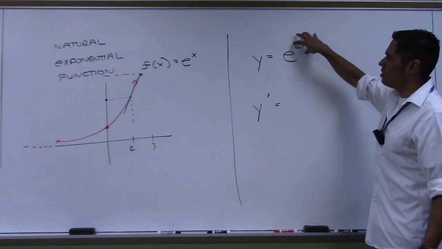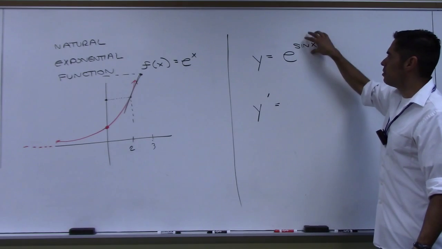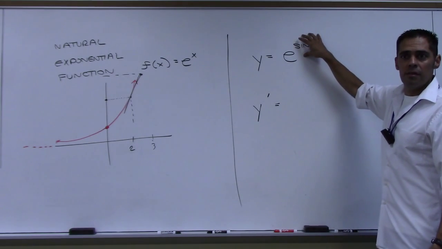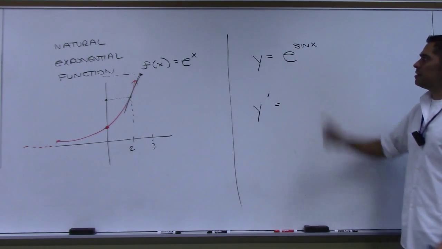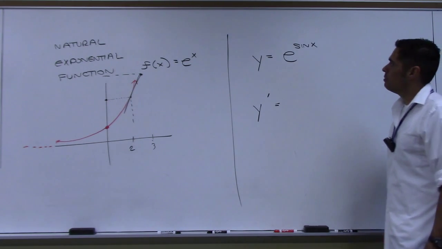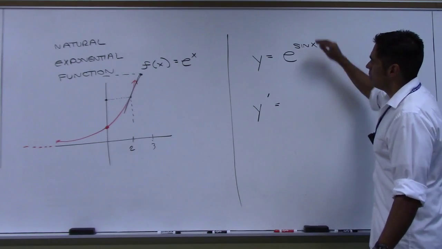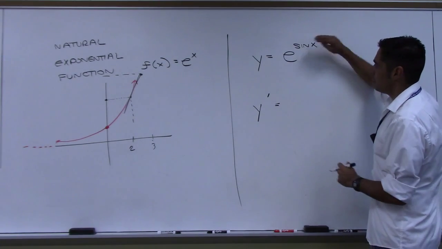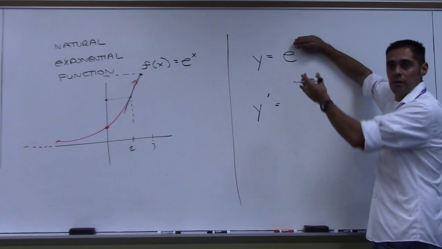Is this a power? Is this a number? Is this a variable to a number? No, right? So how do you say this? Like if you were saying this is e of sine of x, so this is actually composition, right? Chain rule. So this is where you have to look at the layers, and you're like, okay, I have the derivative of e to something.